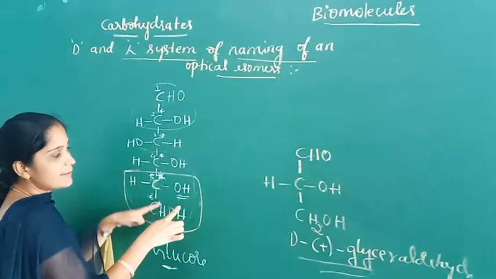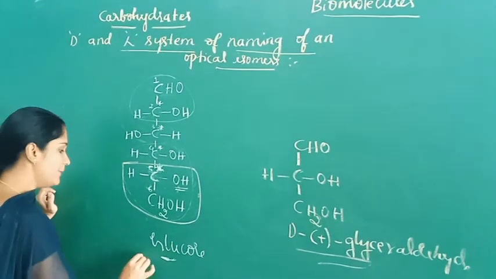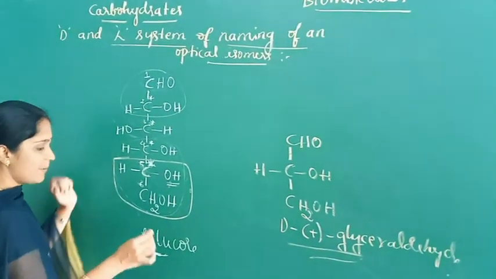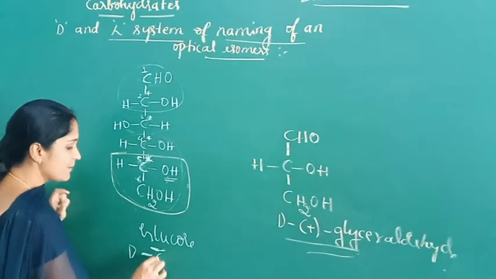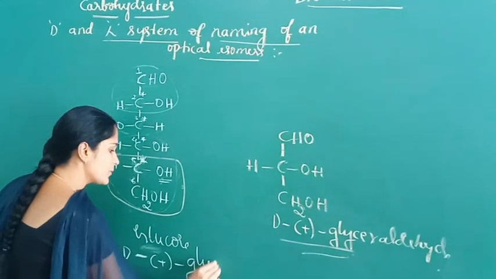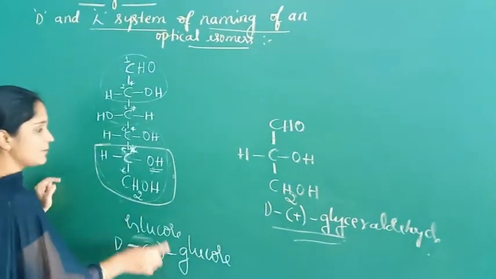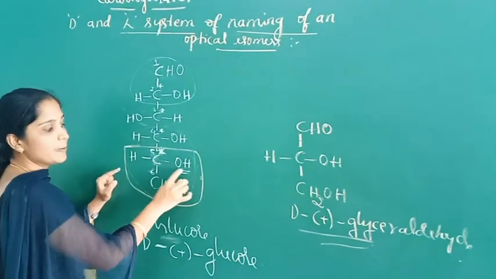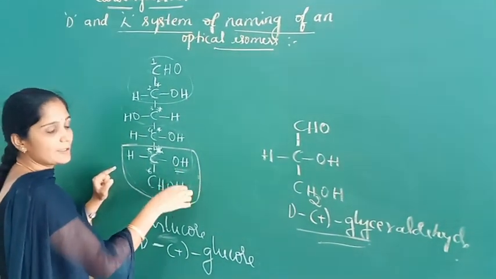Therefore, the name of this compound can be written as D plus glucose, because in the 5th asymmetric carbon, the OH group is present on the right hand side.